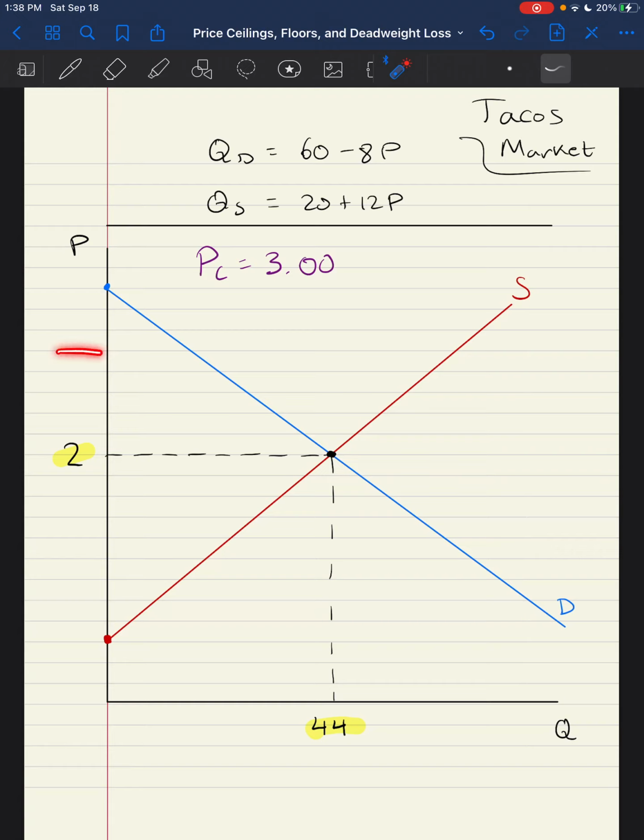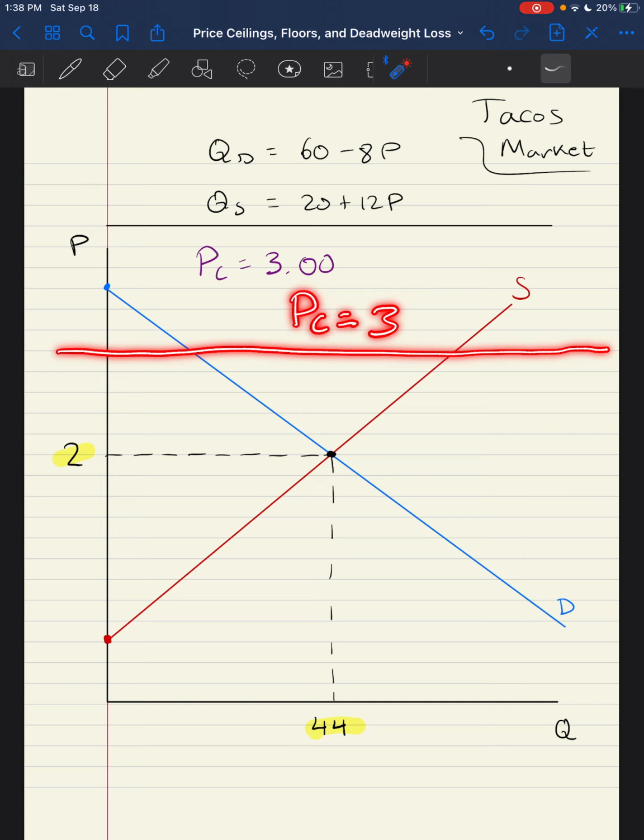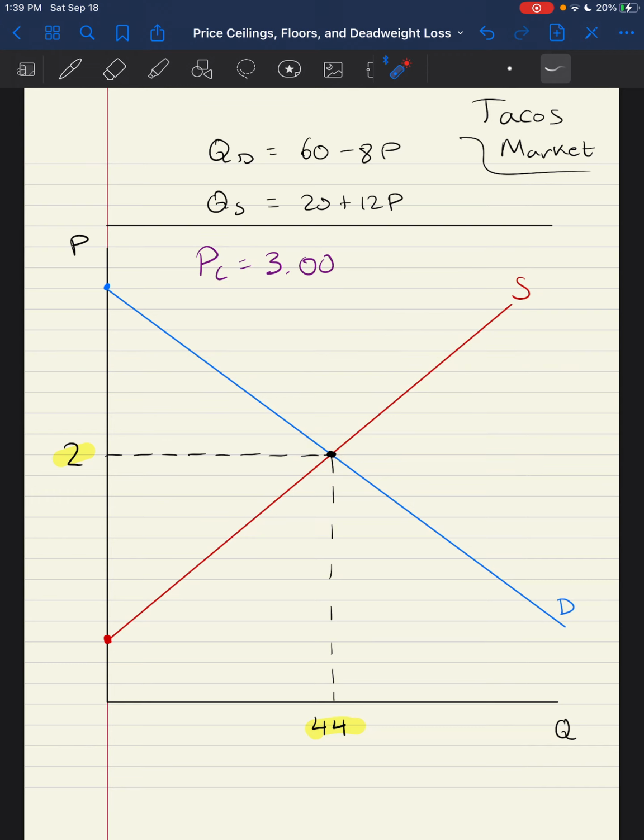If the price ceiling is up here at $3, we need to ask ourselves, where's our equilibrium? Our equilibrium price is $2, so we're already below what the government is saying the maximum price should be.